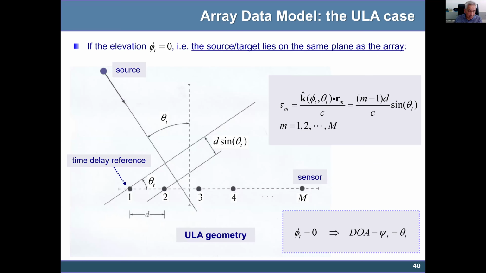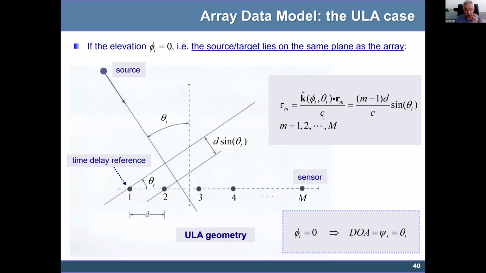And this space is what? It is the component of the distance along the propagation direction. So it is this quantity here. If this is the azimuth, this angle is exactly the same as the azimuth. So if the distance between 1 and 2 is d, this length here is d sin theta. And so the delay is d sin theta divided by the propagation speed c.